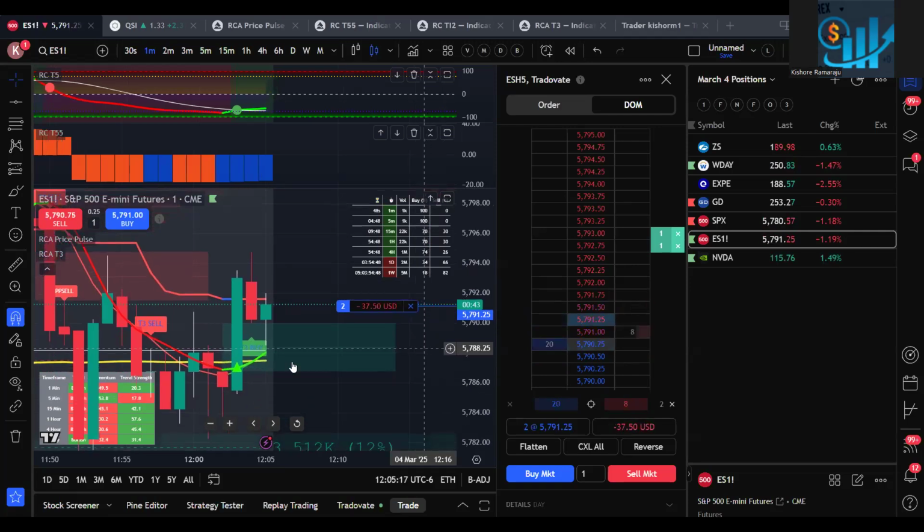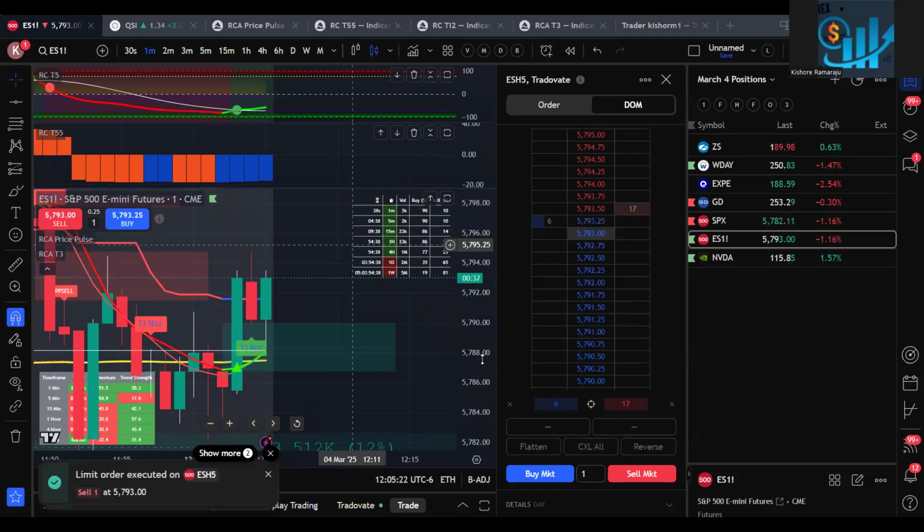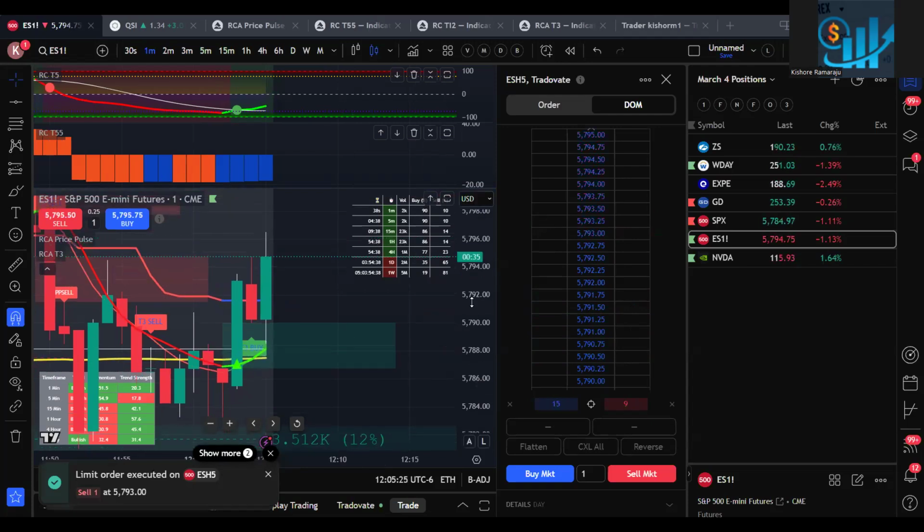Again, there are a lot of buyers here. So price came to the T5 line and again is going up. So again, I took profit one more time.